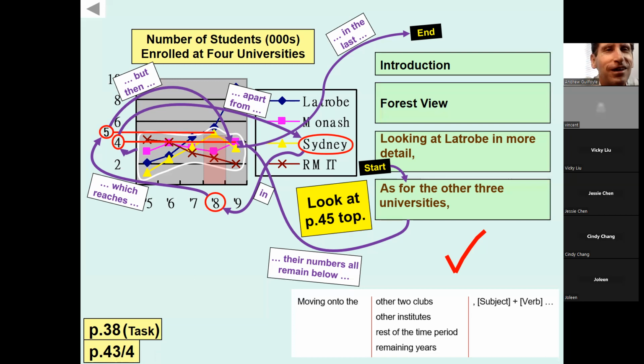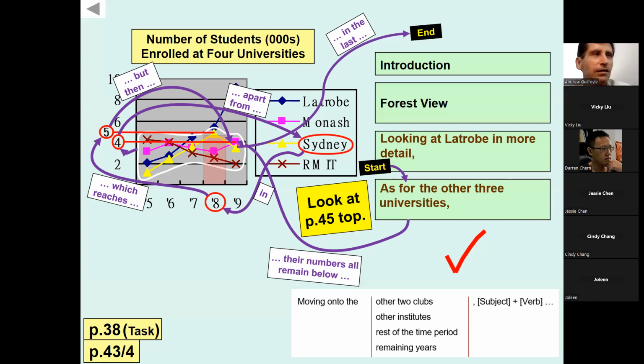Who else wants to try? Difficult. Come on, Darren. You try. Can you just repeat that, as for, from the start to the end? Go for it.